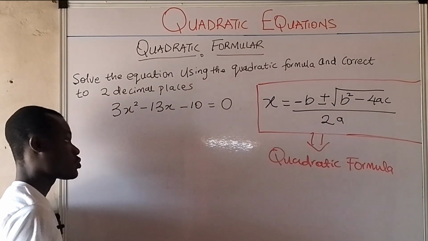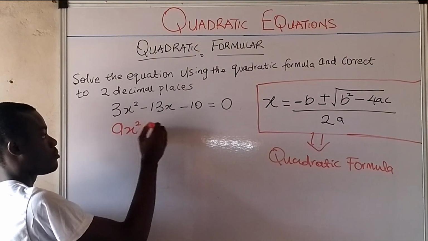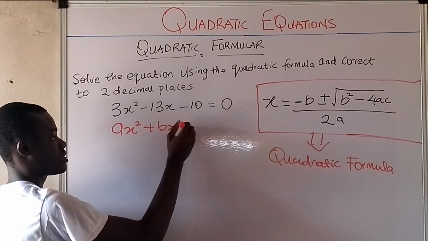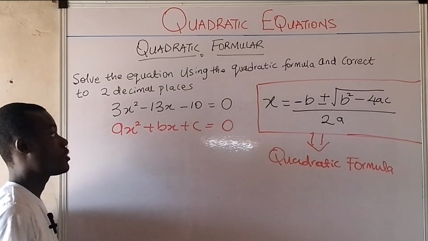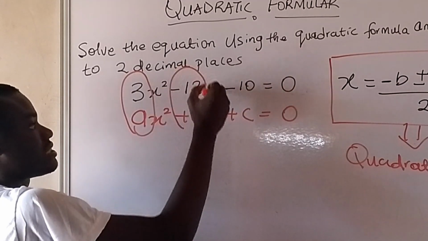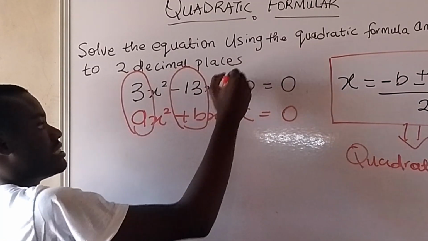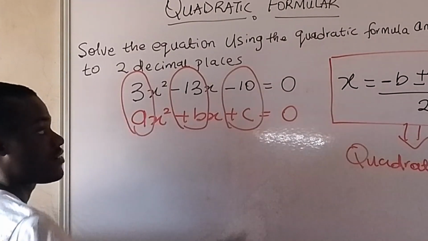Now remember that we have a standard form for a quadratic equation, which is ax squared plus bx plus c is equal to 0. When we compare, we are going to have a as 3, b as minus 13, and c as minus 10. That's by comparison using the standard form for a quadratic equation.